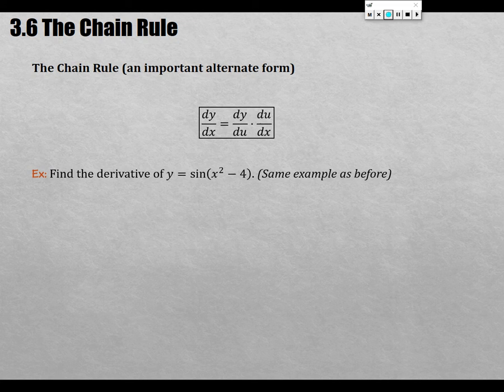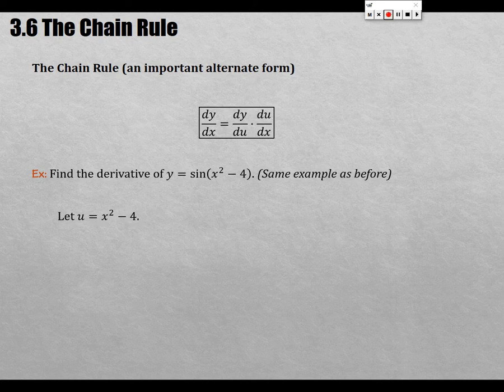Okay. So y of x is this function. We desire the derivative of y with respect to x, eventually. But we can also think of this as being a composition. We're going to let u be our new symbol for the inside function. Okay. And now what do we need in our lives? We need dy du.